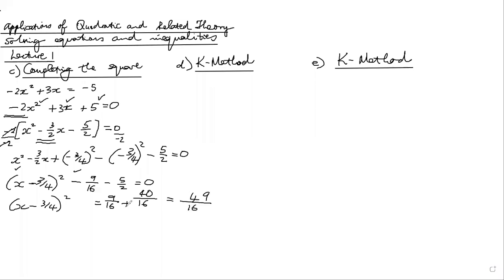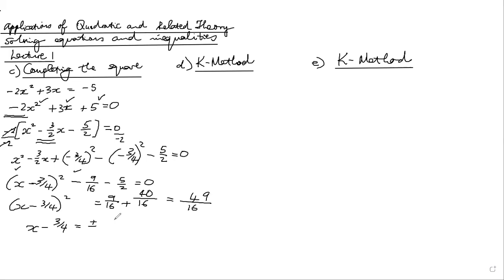Right. So now, as we saw, when we have a squared quantity on the left and right, we square root the left and we square root the right. The right side would get a plus or minus sign when we square root. So that will simply give us x minus 3 over 4 on the left is equal to plus or minus.